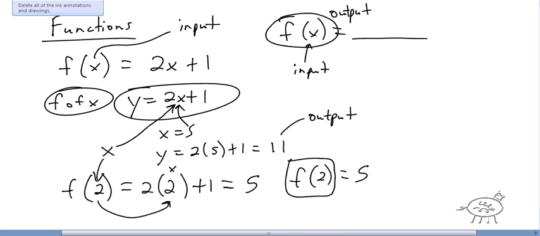Okay, so let's try a couple other problems here, just to make sure you guys are good to go. Okay, if I said f of x equals 3x plus 4, whatever I tell you, I'm going to put in here.